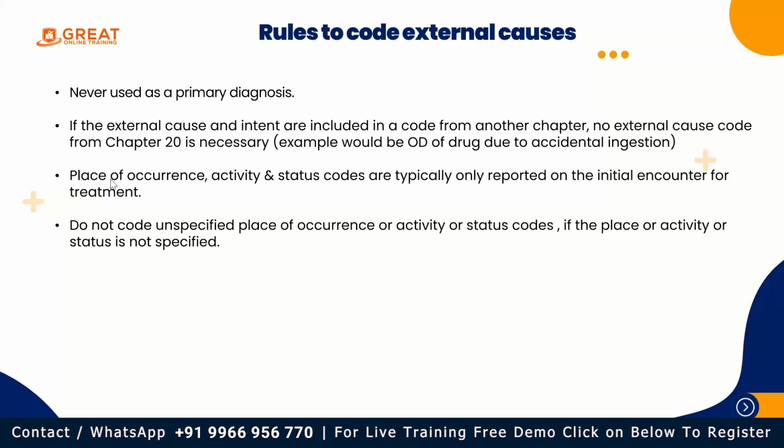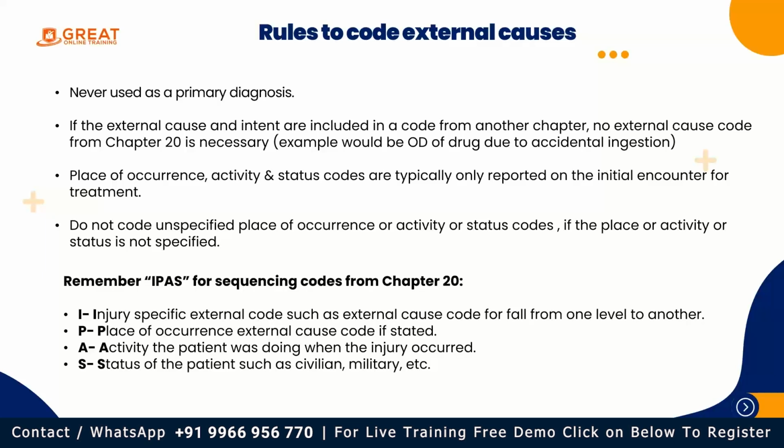Then place of occurrence, activity, and status codes are typically reported on the initial encounter for treatment, and do not code unspecified place of occurrence, activity, or status if it is not specified or not documented. So these are 4 very, very important points regarding external cause codes.